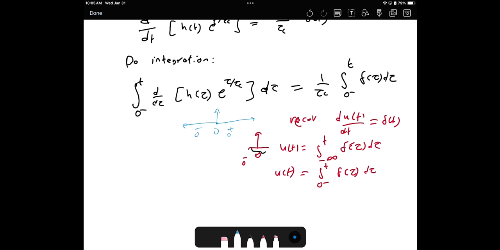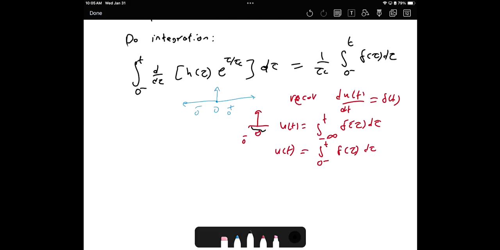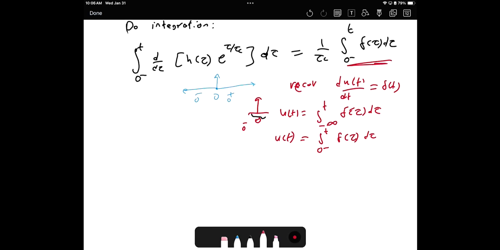As a result, let's continue the integration and substitute this integral as u of t. The derivative will cancel the integral, so we will have h of tau e to the power tau over tau c between 0 negative and t, equals 1 over tau c, since the integral here is u of t.